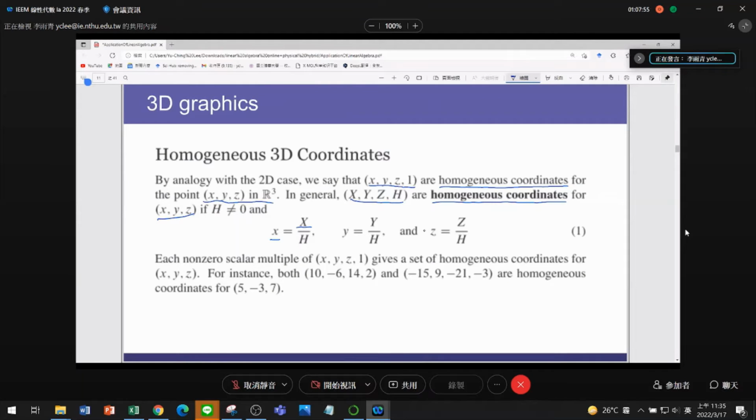So I have this one, which is 4-dimensional, and it says that it is a homogeneous coordinate for 5, -3, and 7.